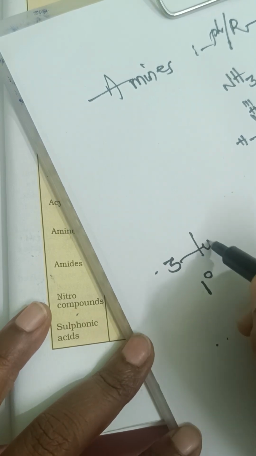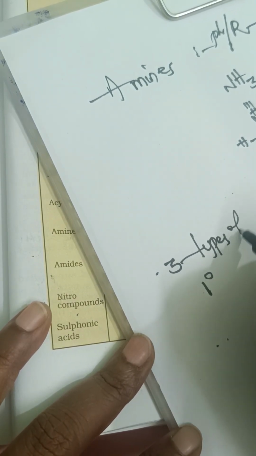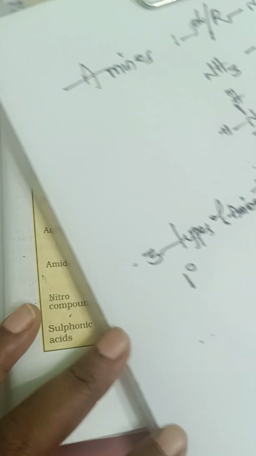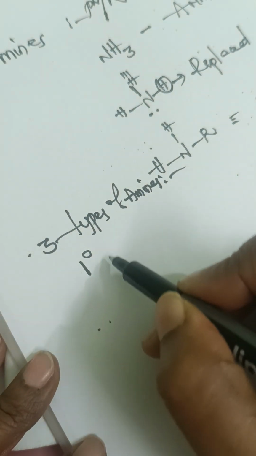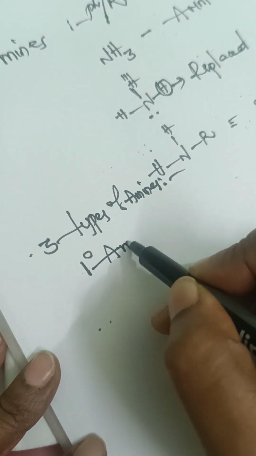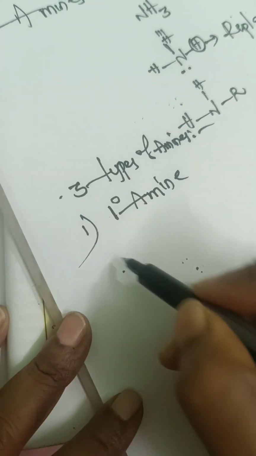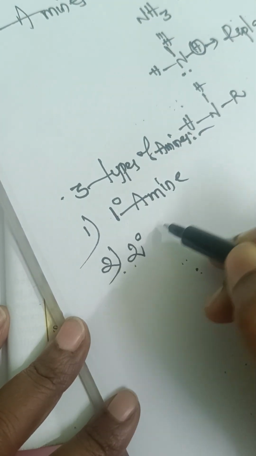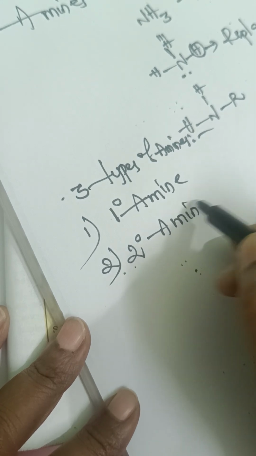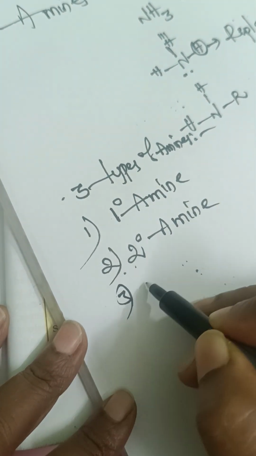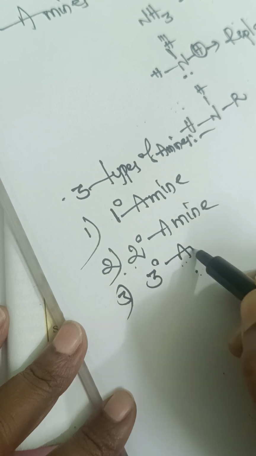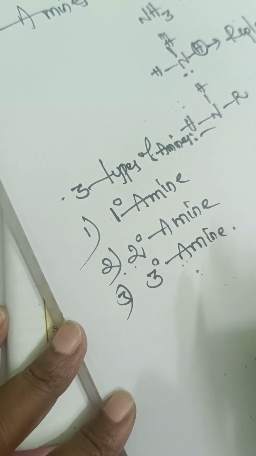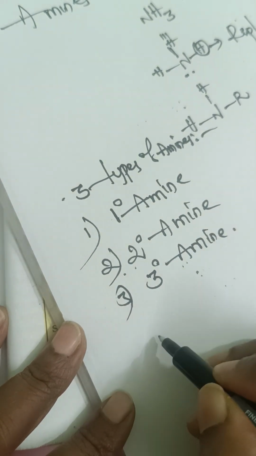The first one is primary amine, the second one is secondary amine, and the third one is tertiary amine. Now going to the first one.